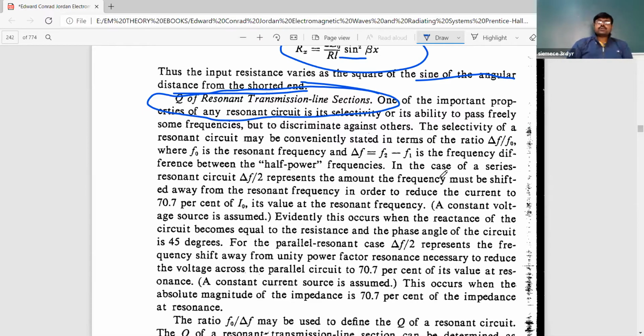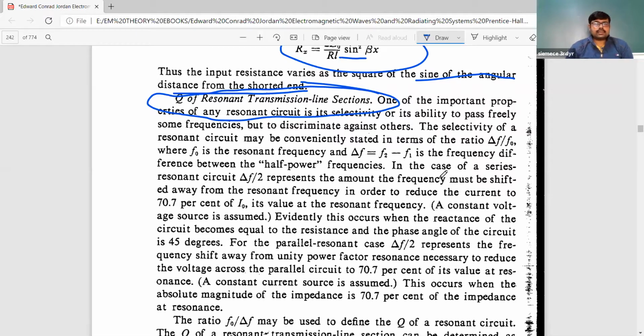I have just mentioned the term. How can you define del F? That is the upper cutoff frequency minus the lower cutoff frequency. So del F equals F2 minus F1, the frequency difference between the half power frequencies.